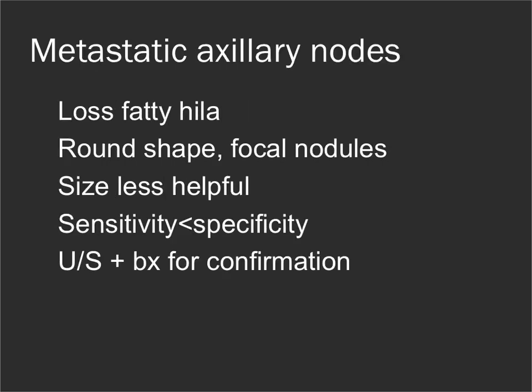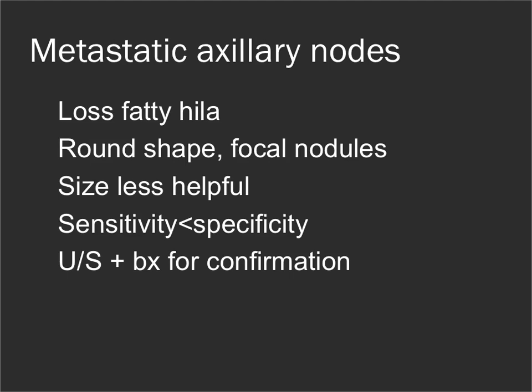As I said before, it's very important that we look very closely at the axilla, and we also need to look at the intramammary node area to see whether there's any metastatic disease. As metastatic disease occurs, it can have different appearances. They may lose the fatty hilum and just become little round masses or focal nodules.